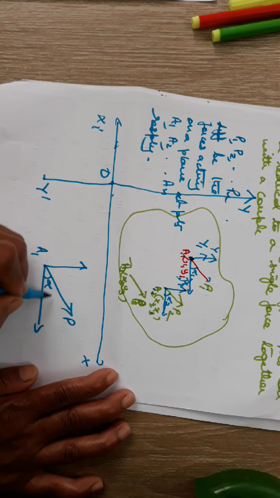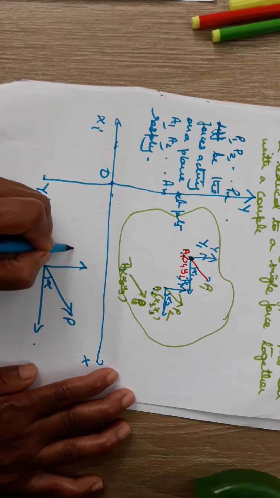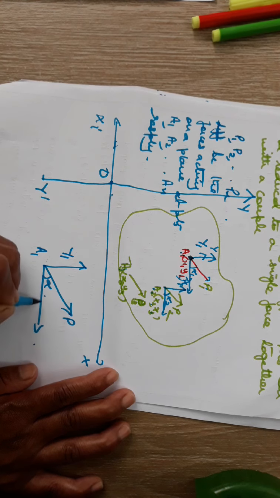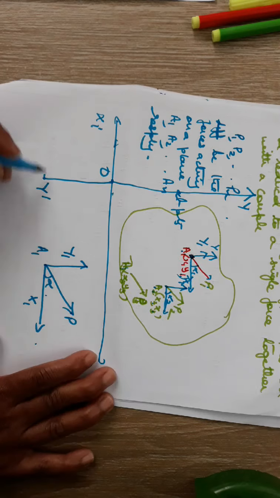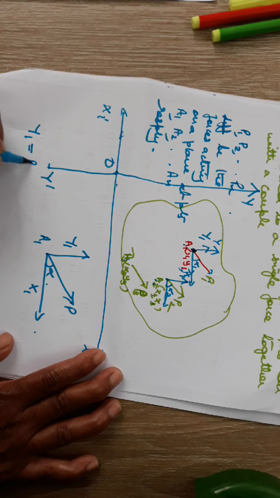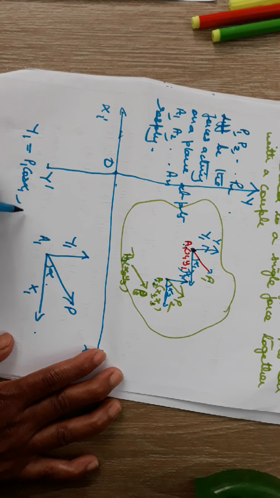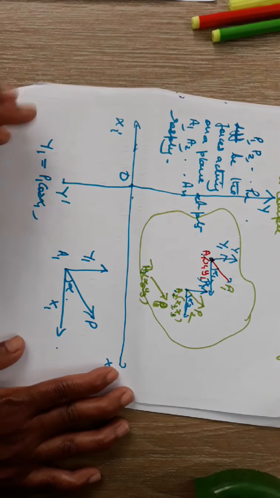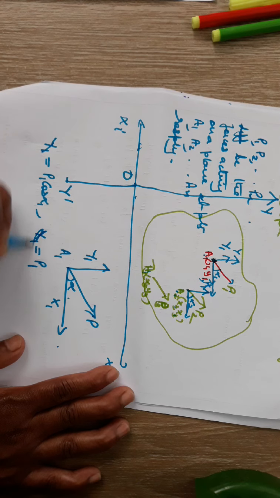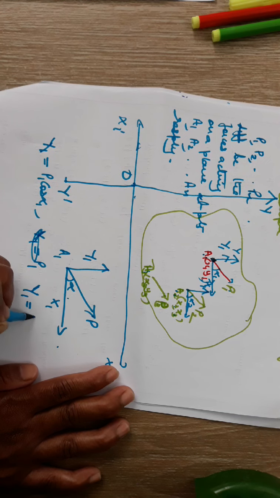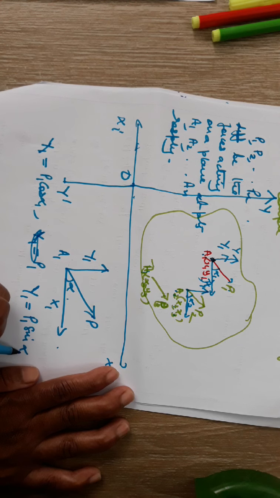The resolved parts along the x-axis and along the y-axis are X1 and Y1, such that X1 is equal to P1 cos alpha 1, and Y1 is equal to P1 sin alpha 1.